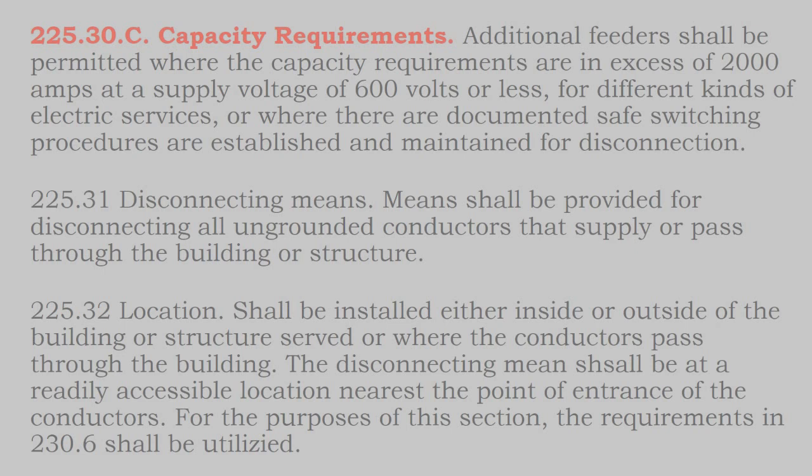Does there need to be a disconnect up on the rooftop? It says you need to have disconnecting means for disconnecting all ungrounded conductors that supply or pass through a building or structure. And actually, we get into rapid shutdown, and what we realize is that in the past, we've just taken the conductors from the array and fed them directly into the string inverter, and installers have been kind of getting around the spirit of this by staying outside the building, so they're not passing through the building. But as installers get more experience, they say, well, I want to keep the conductors inside the building for a few reasons.